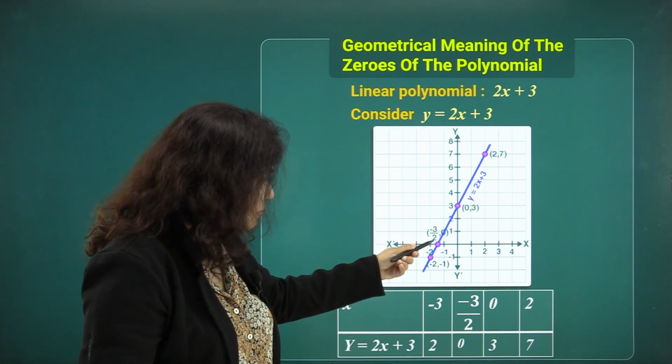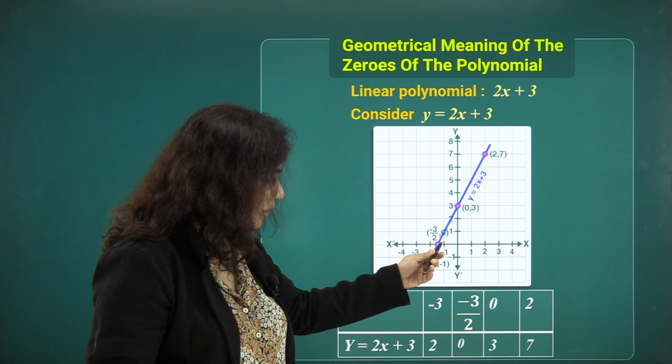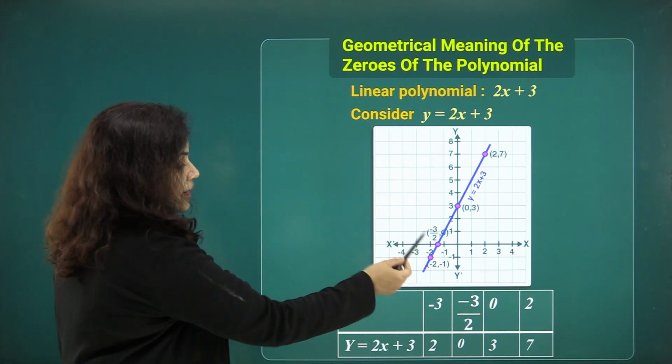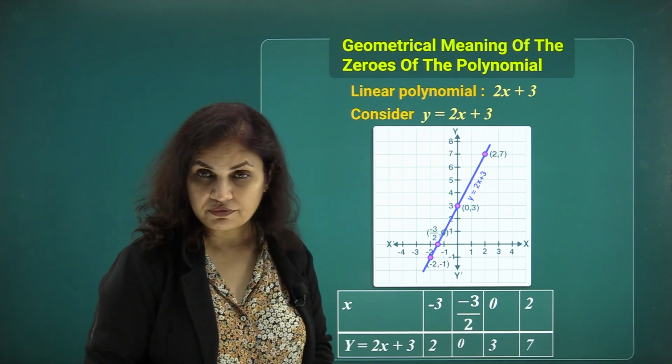So, clearly from the graph, that value of x which will make y equal to 0, or a point on the x-axis intersected by the graph, will give me the 0 of the polynomial.